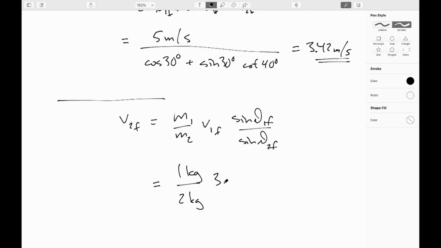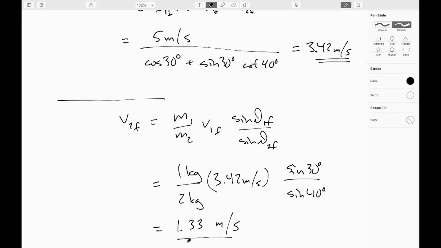My V1 final is 3.42 meters per second, or sine 30 over sine 40, and that will give us 1.33 meters per second.